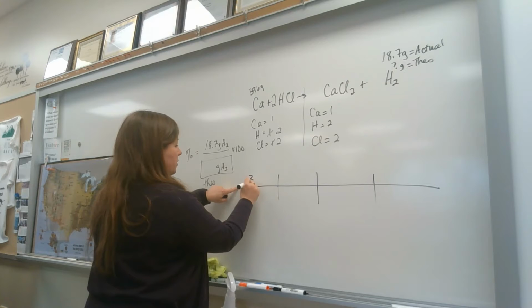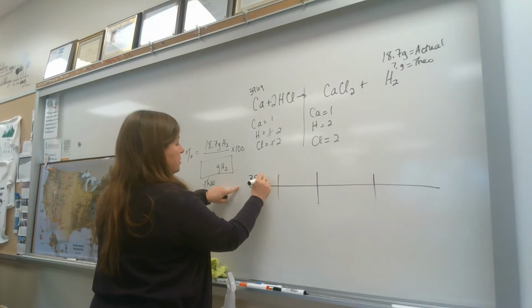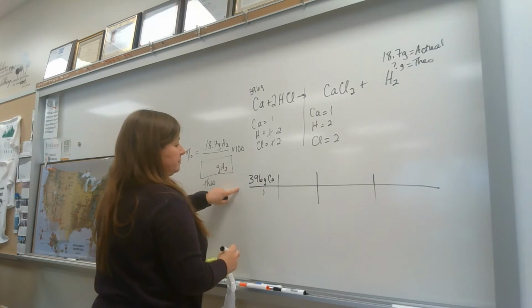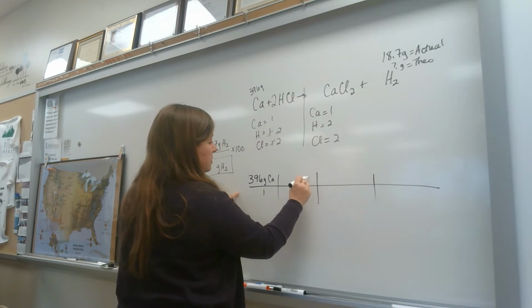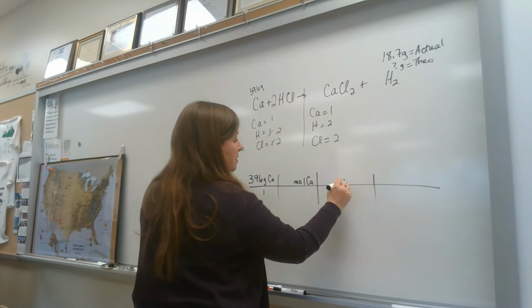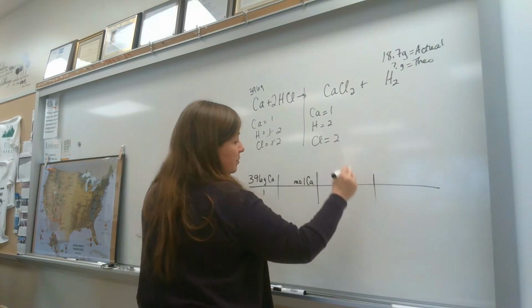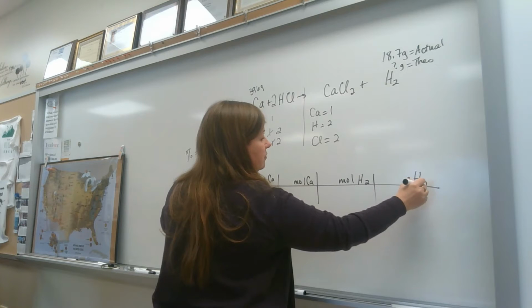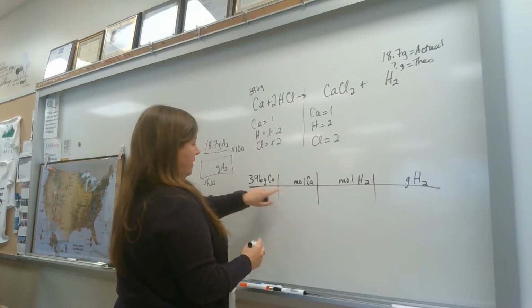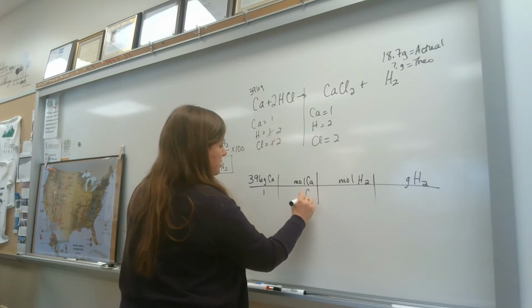So we start with 396 grams of calcium over 1. And then we're going to go grams to moles of that substance, to moles of the other substance that we're looking for, to grams of what we're looking for. And of course our units have to cancel.